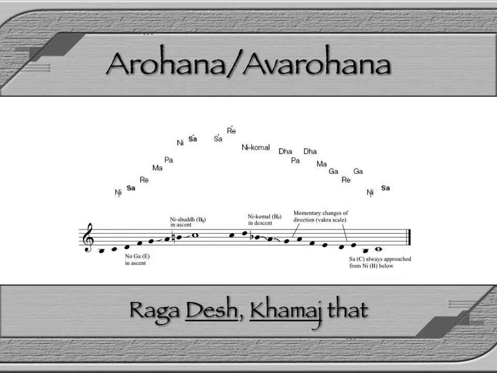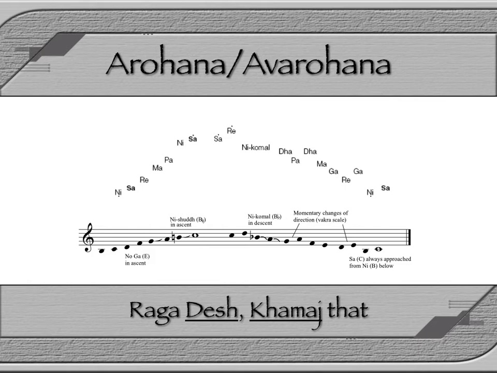Then in the descent, initially it continues ascending, but then the player skips down and moves by step, and then there's another little kink, a momentary change of direction in the descent. So it's a little more crooked as it comes down the scale. The final tonic, sa, is always approached from ni, below.